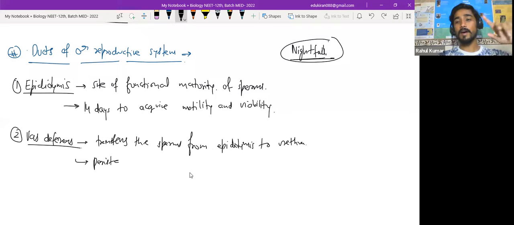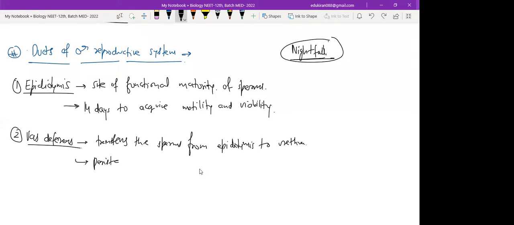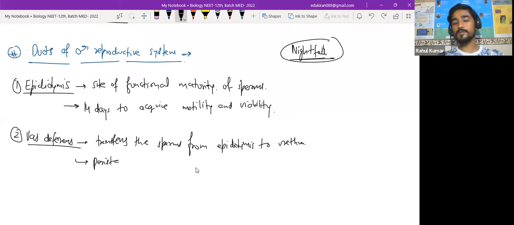The options will be vas deferens, arteries, something else very obscure, veins, for example, or none of the above. Which one will you choose? Vas deferens. Yes. If you do not know this, students choose none of the above because they think blood vessels do not do peristaltic movement and vas deferens is in the reproductive system. They know that peristaltic movements are shown by intestines and esophagus, so they choose none of the above, but it is vas deferens.